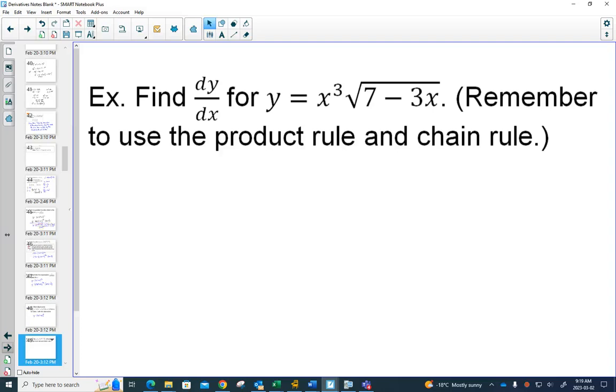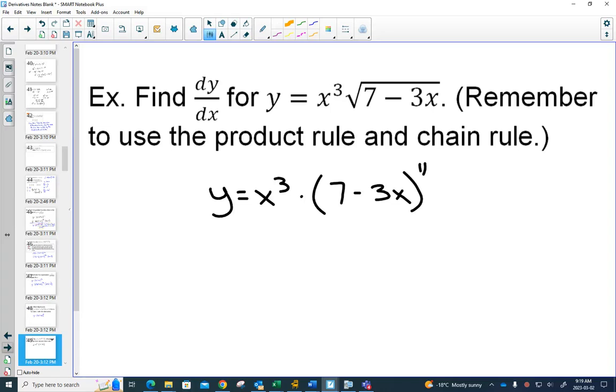So here we have, well, first of all, I see the square root, so I'm going to take some time to change that to a half. And I notice a multiplication here. So I have a product. I can't simplify that easily because of the exponent of the half. So we can't actually multiply this out even if we wanted to.